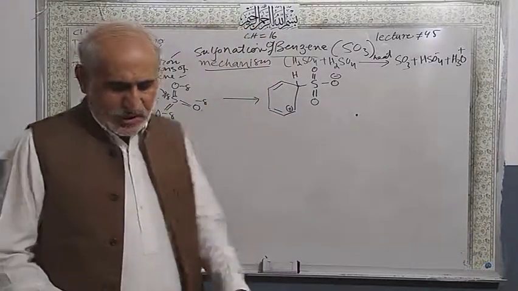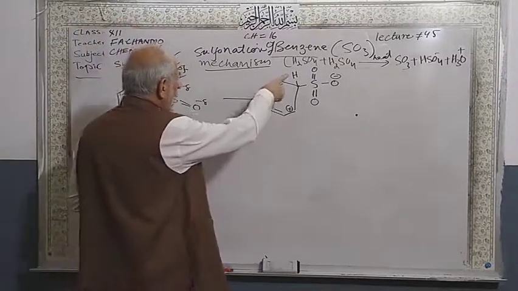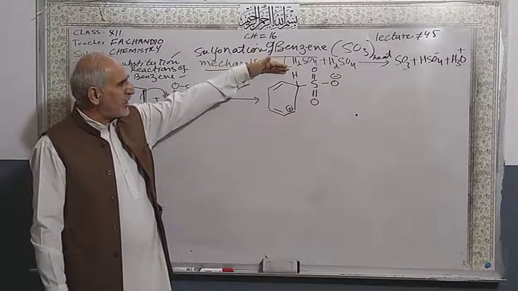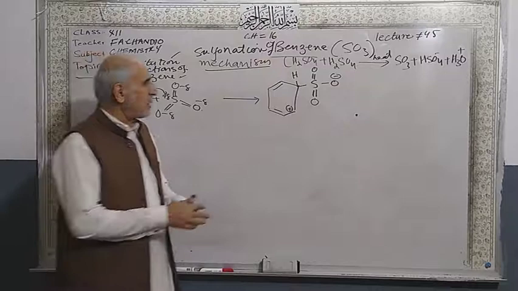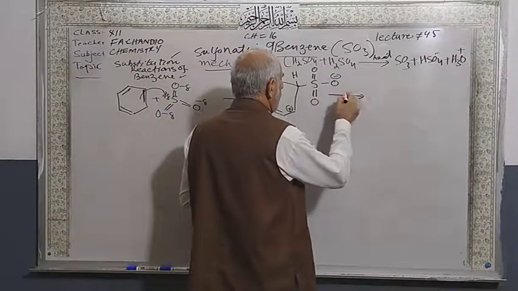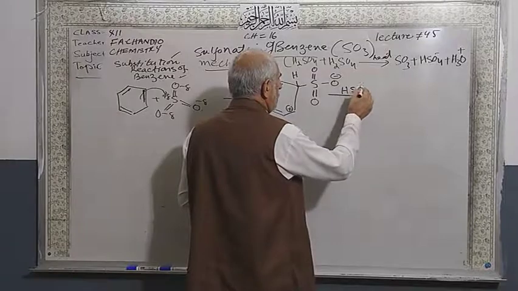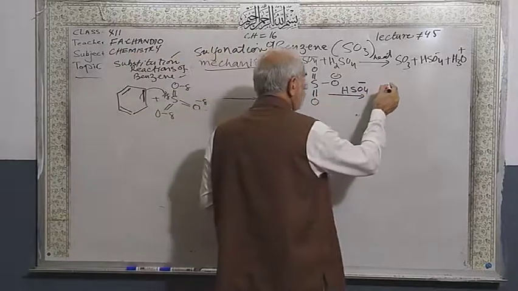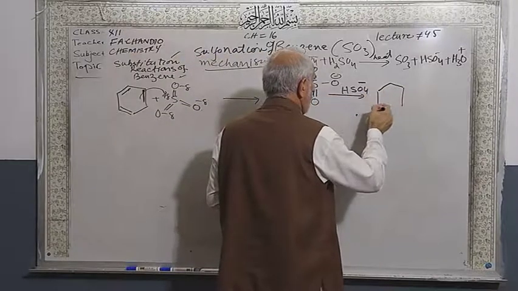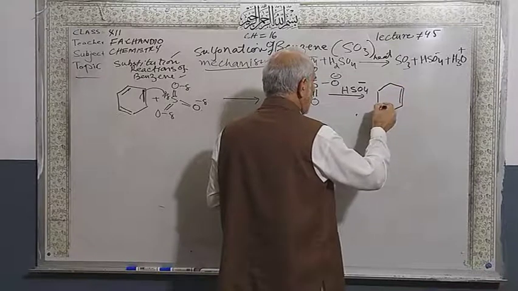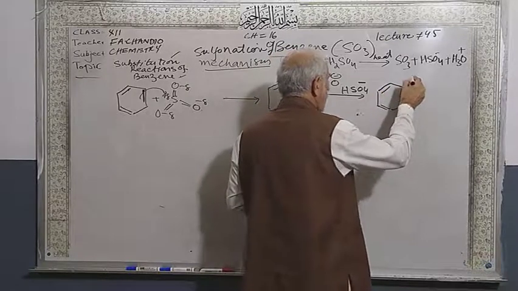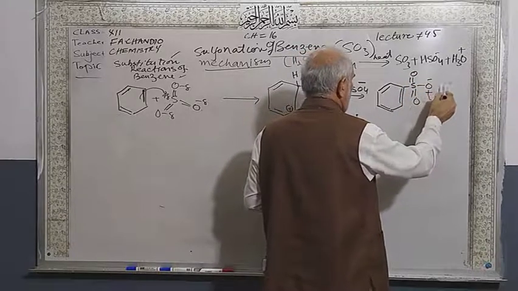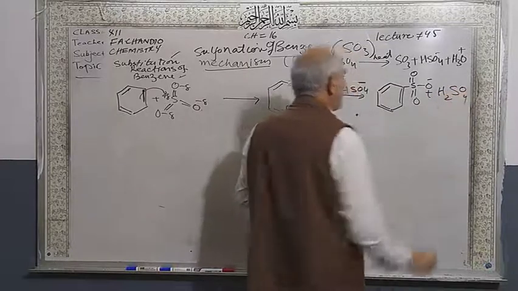Now what happens next? There will be a substitution of hydrogen, because we are talking about the electrophilic substitution reaction. So this hydrogen is going to be substituted in the presence of base. In the presence of base, this hydrogen is going to be removed and this bond is re-established. And we get the sulfonic acid now.